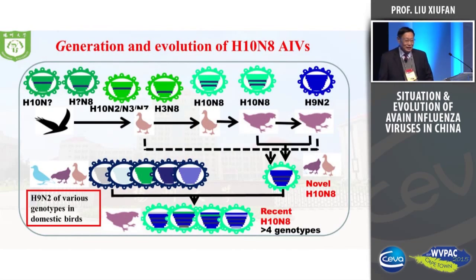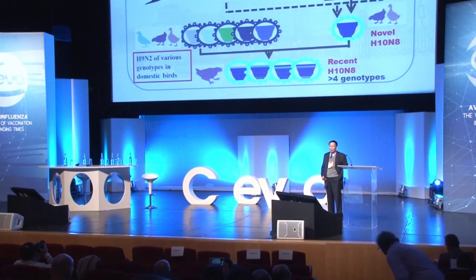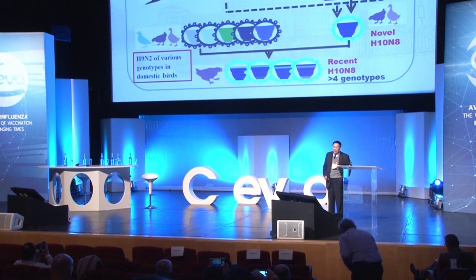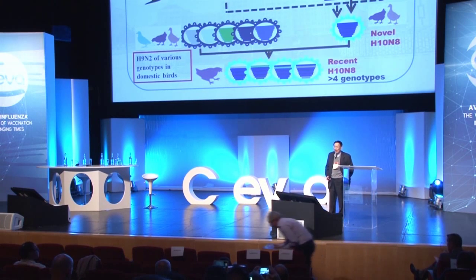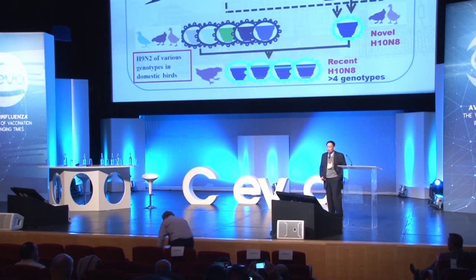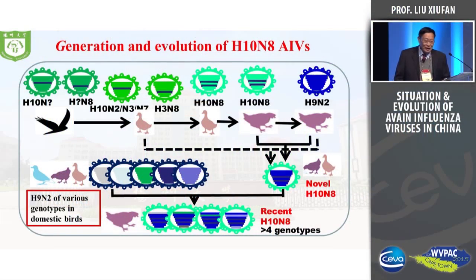The generation and the evolution of H10N8 AIVs start from the H10 and the N8 viruses in wild birds, through H10N2 and H3N8 in domestic duck, and then by reassortment generate the H10N8 virus in the domestic duck.